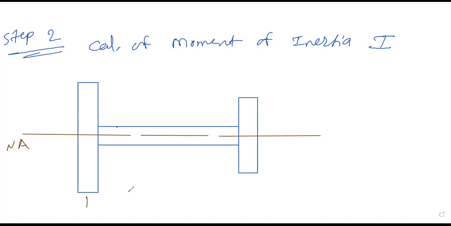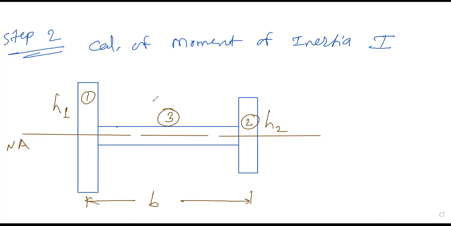Distance from center is given as B. This is your H1. This is H2. Suppose this is part 1, second part, and this is your third part. Thickness for each is your T. Okay, now we will find out the moment of inertia.